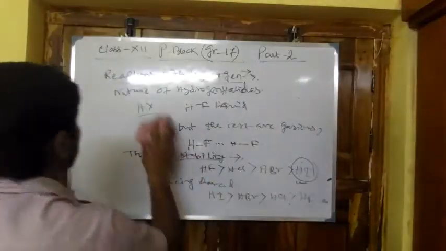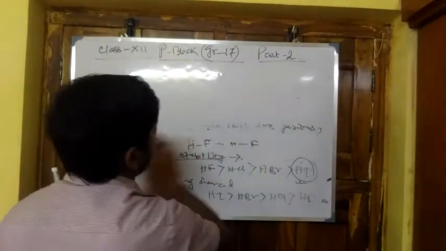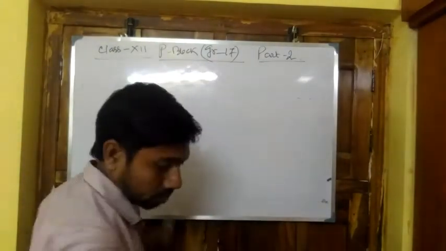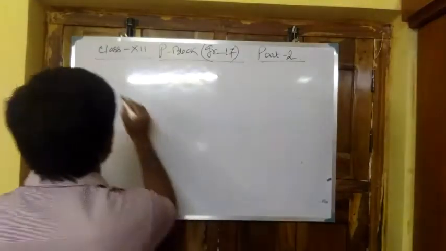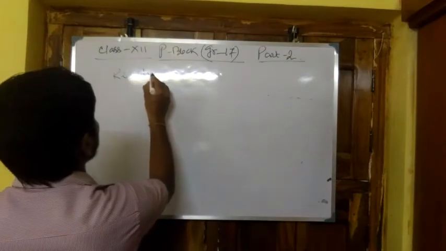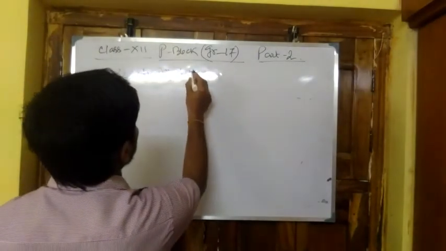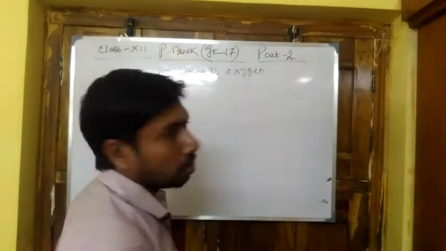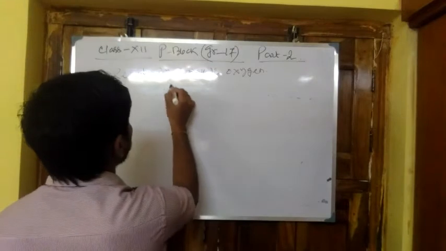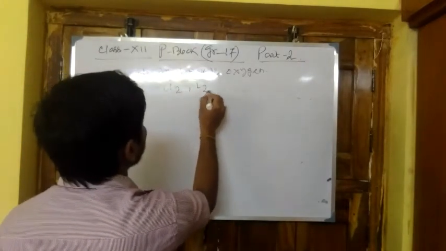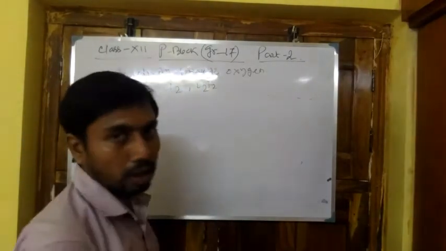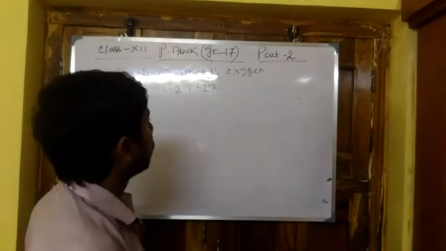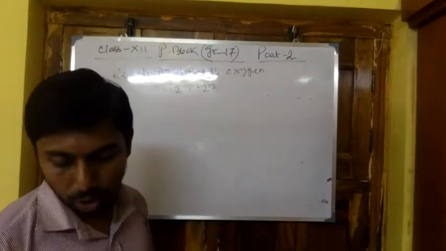Now fluorine forms OF2, O2F2. These are the compounds formed by fluorine. This is known as oxides of fluorine.